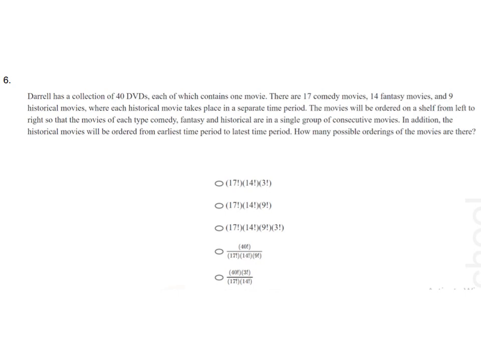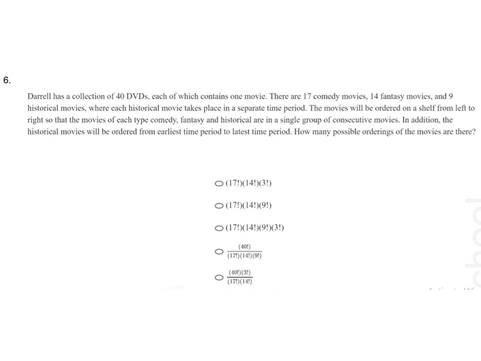Okay, one easy way is to think of it as a bunch: comedy, fantasy, and historical movies. So there are three types, so you can have three bundles, like three bunches. For comedy movies, we have 17 factorial, and for fantasy movies, we have 14 factorial.